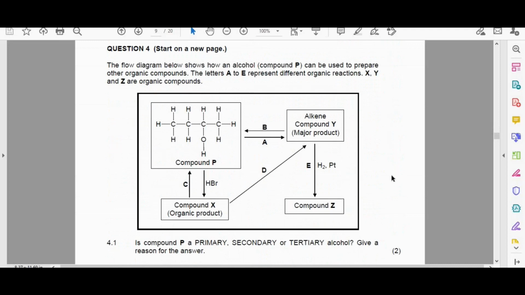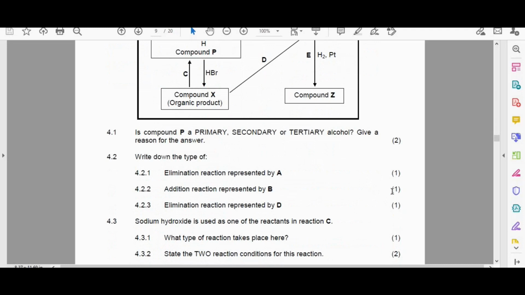Here you got your question 4. Question 4 deals mostly with the section organic chemistry, where they want you to write down reactions or explain things such as primary, secondary, and tertiary alcohols. And when I mention reactions, you've got your addition, your substitution, and your elimination.